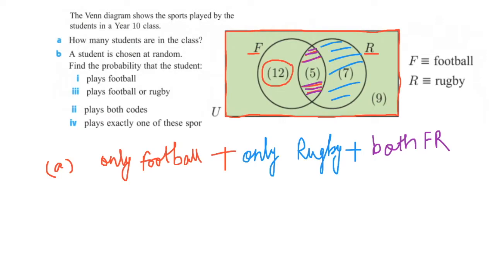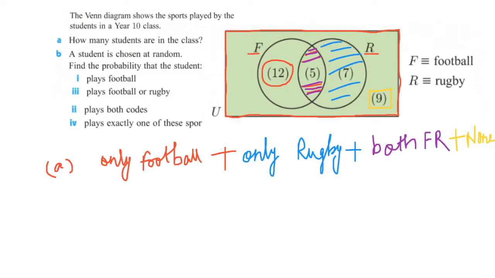Now, we also have students who don't play these sports. They don't play football or rugby, but still they are a part of year 10 class. So these are these students. Outside football and rugby circle, what you see are the students who don't play any of the sports. So that will be students who play none.